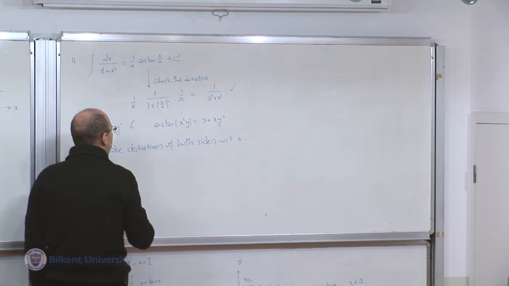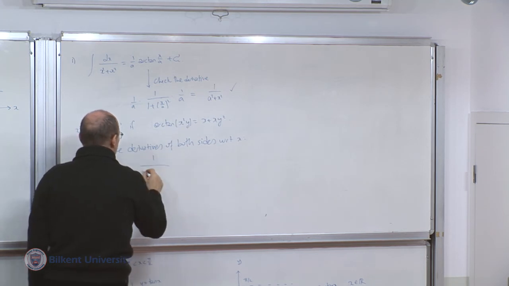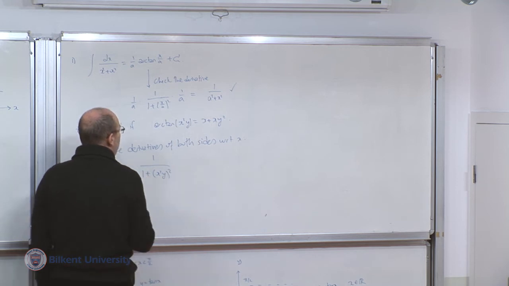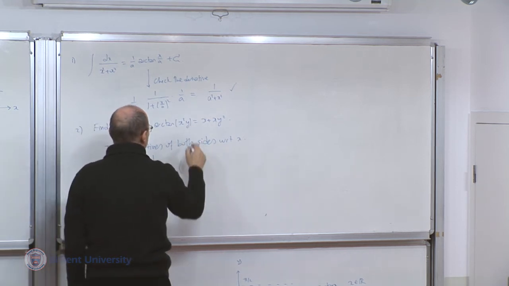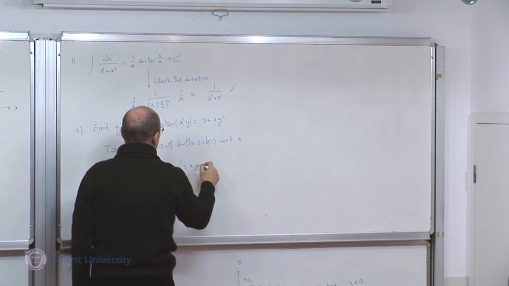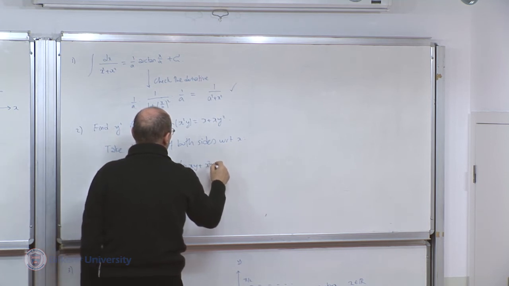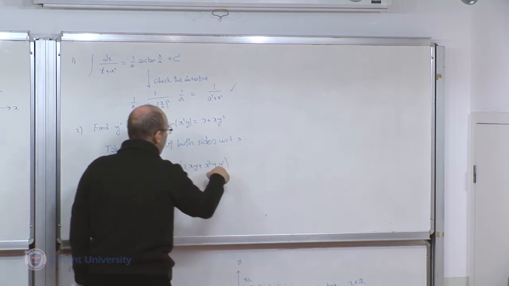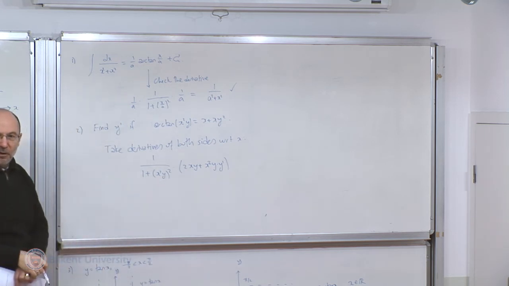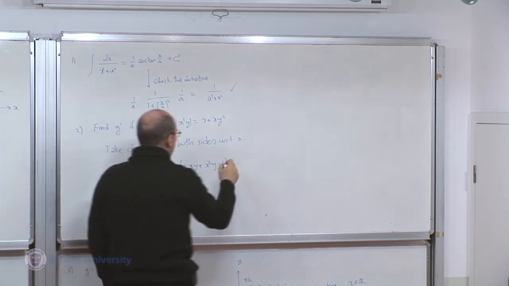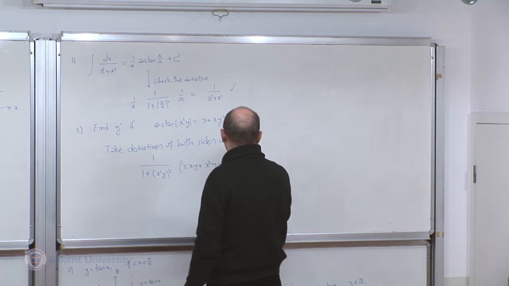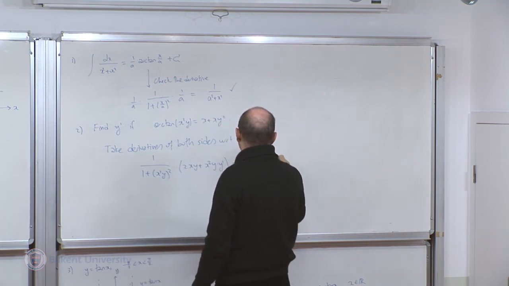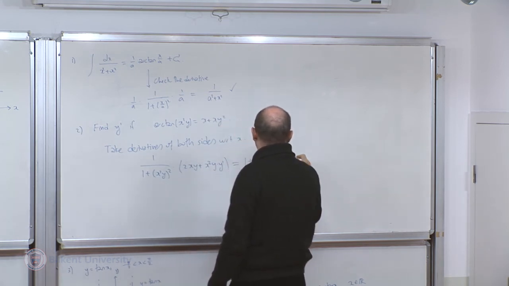Okay, derivative of arctangent is 1 over 1 plus what you see inside squared times the derivative of what you see inside. This is 2xy plus x square y prime. So this is where I used implicit differentiation. Okay, so this is going to be equal to 1 plus y square plus 2xy y prime.